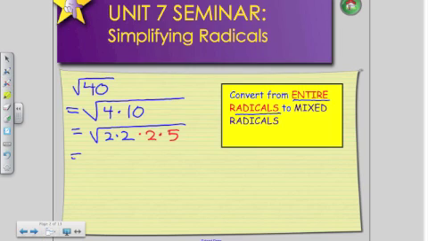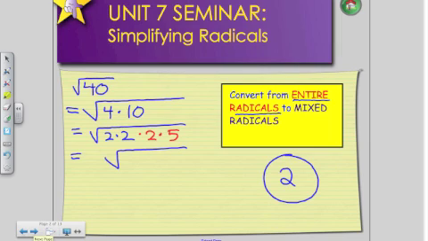Now, I can take a pair of numbers outside of the radical sign. And just to review the concept of radical numbers, if this is the whole number 2, radical 2 or root 2 is like splitting this number in half. And each half represents root 2, another root 2. So 2 root 2's together makes the whole number 2. Okay?